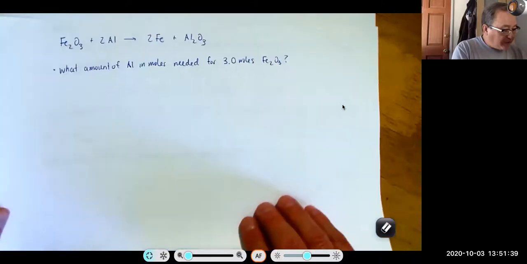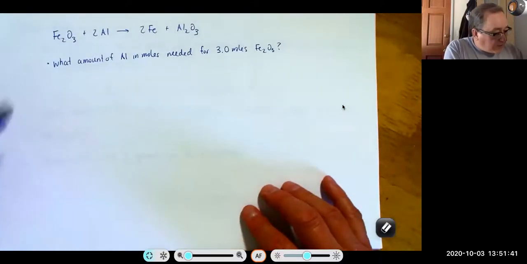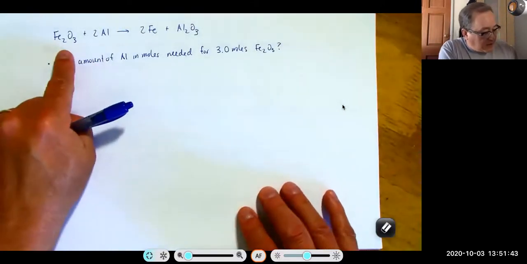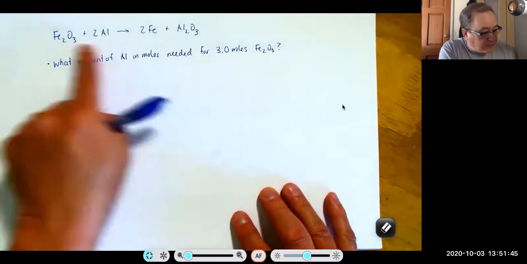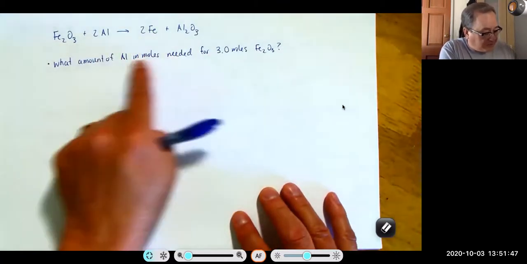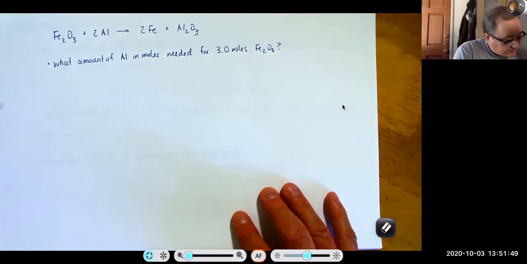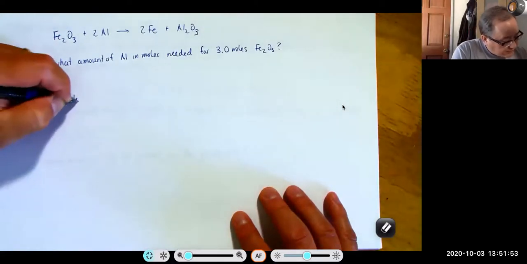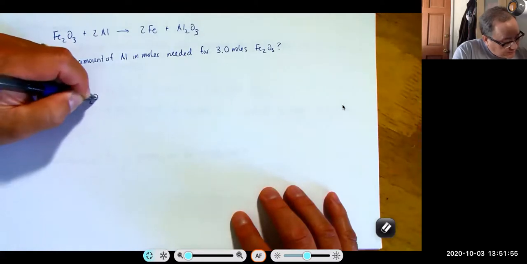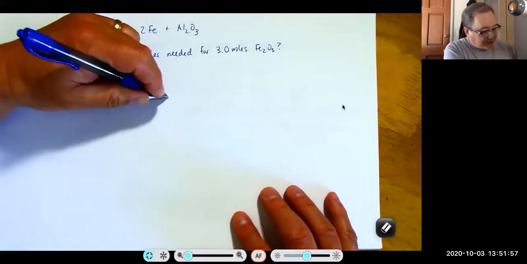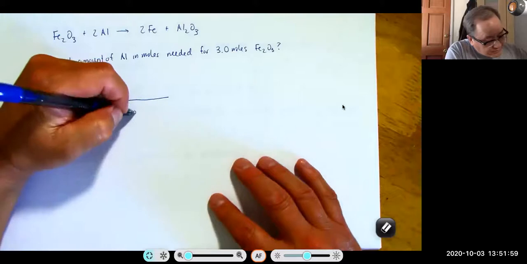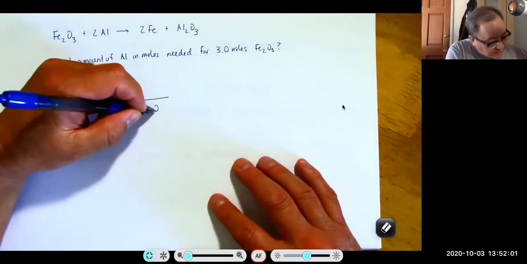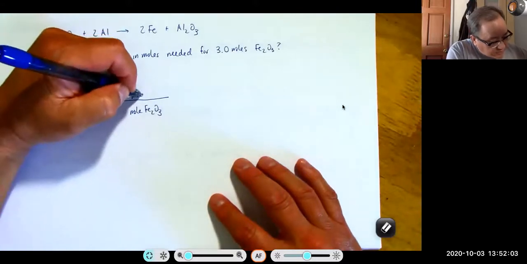For this one, we can simply go directly from the moles of Fe2O3 to the moles of aluminum. So we're going to start with 3.0 moles of Fe2O3, and we're going to multiply by something that has moles of Fe2O3 in the bottom and moles of aluminum on top.